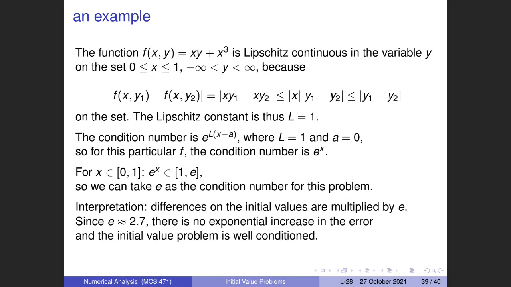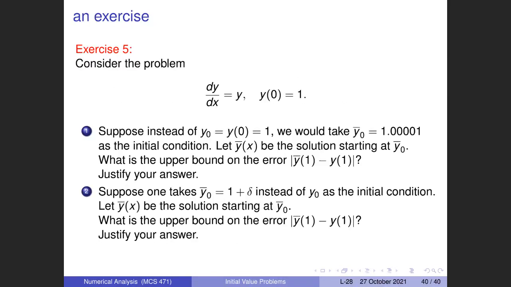All right, we are close to the end. Let's finish with one exercise. Let's look at the conditioning of our test equation. We take a small change of our initial condition. So we have the y bar.